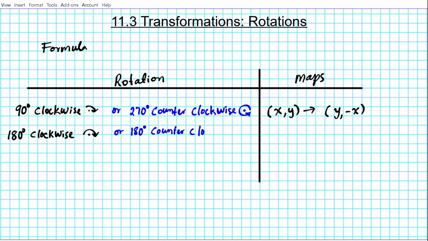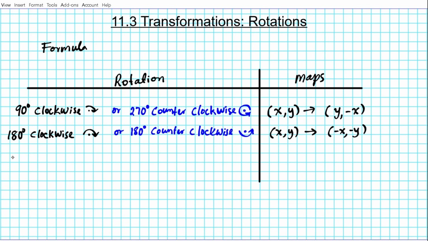So how does this affect our mapping? xy, if rotated 180 degrees, gets mapped to negative x, negative y.